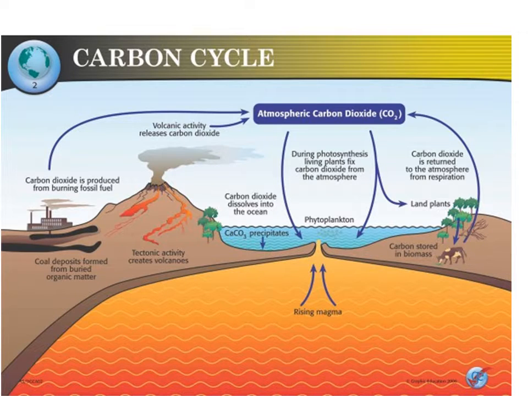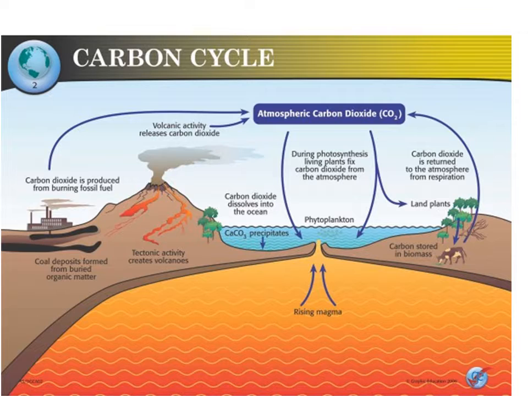Just as for water, one of the basic building blocks of all living things is carbon. This carbon originally comes from volcanoes and nowadays from burning fossil fuels. But this carbon dioxide is given off into the atmosphere.